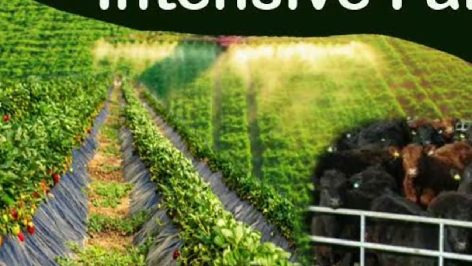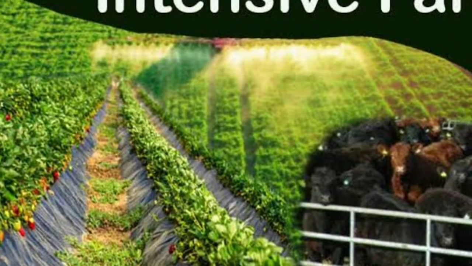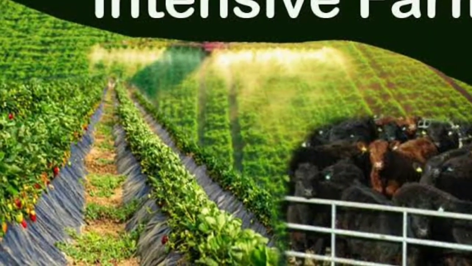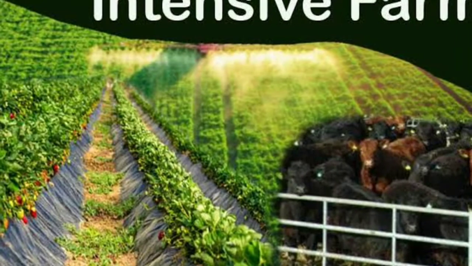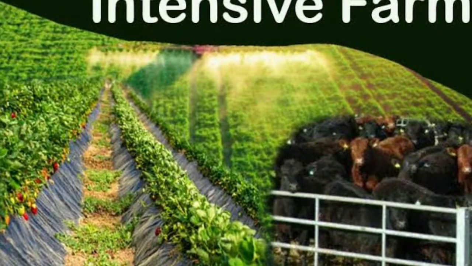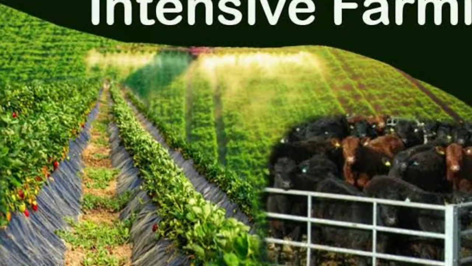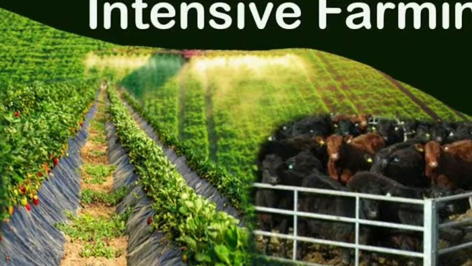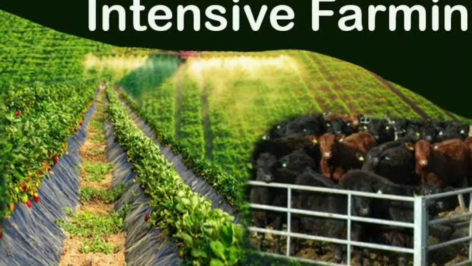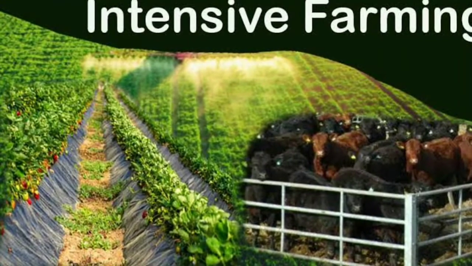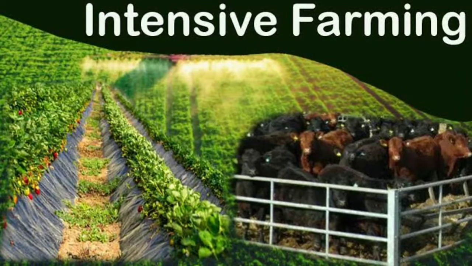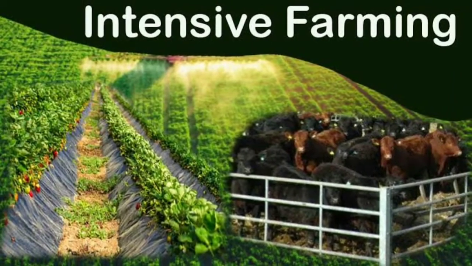Next cause is intensive farming to produce crops and livestock raising. Producing more food out of the land that is already used for agriculture often requires heavier use of nitrogen-based fertilizers, which in turn release nitrous oxide emissions and contribute to climate change.